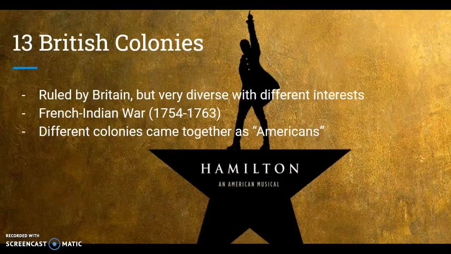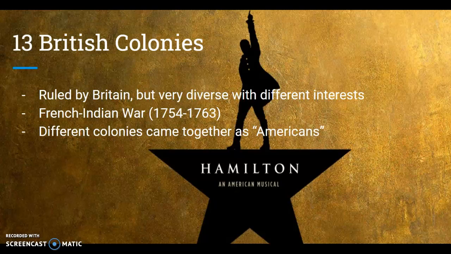Very big on education. So you had New England, and you had the South, and then you had the middle states like Pennsylvania, which were heavily influenced by people like William Penn and the Quakers. So even though they were all British colonies, they were very diverse and considered themselves to almost be like different countries in a way.